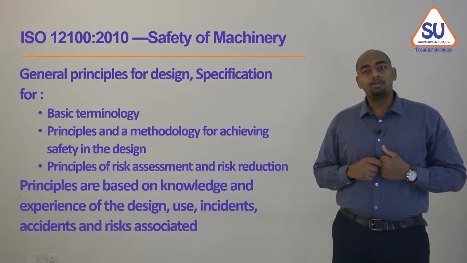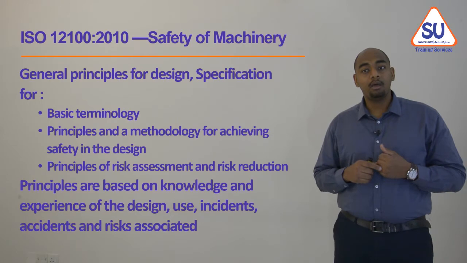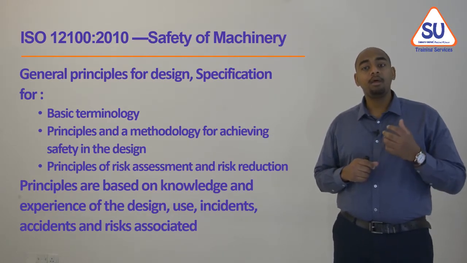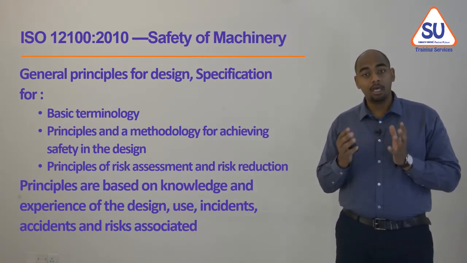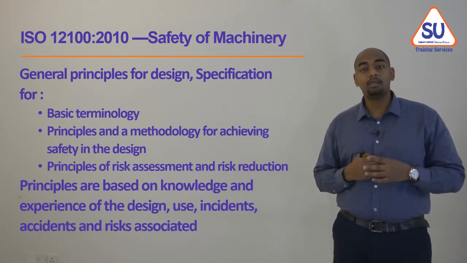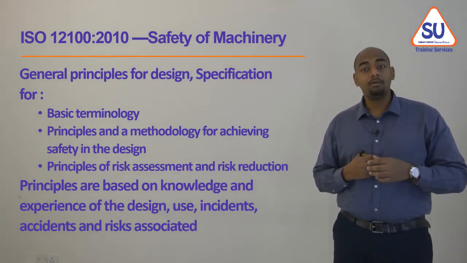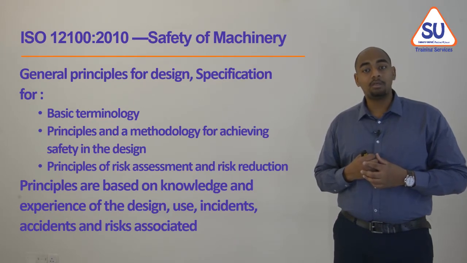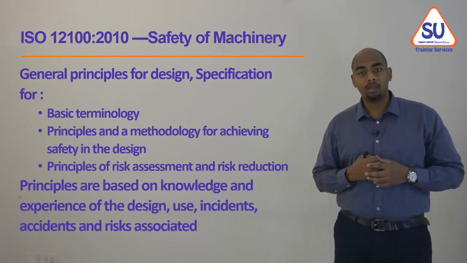In the ISO 12100, which was issued in 2010, they clearly set the general principles for design and specifications for those equipments in terms of the safety of machinery. This ISO standard is for the safety of machinery, and there are a few basic terms and basic design specifications that we need to consider when we design any kind of those equipments.